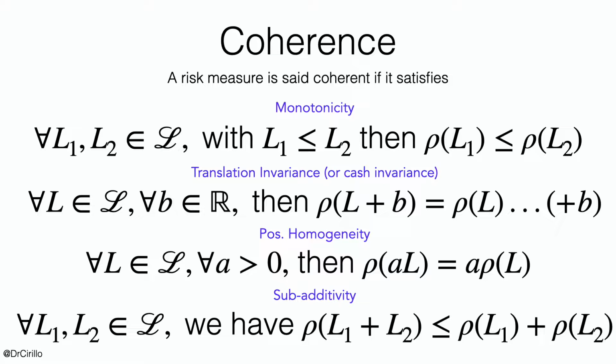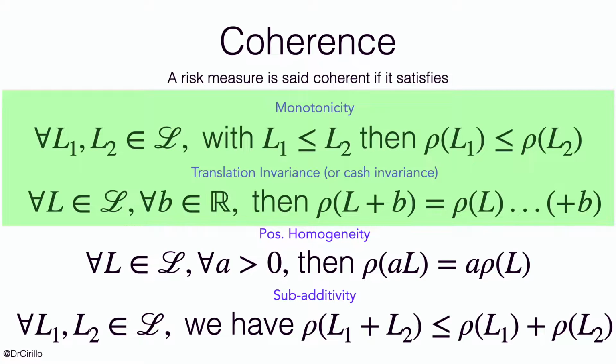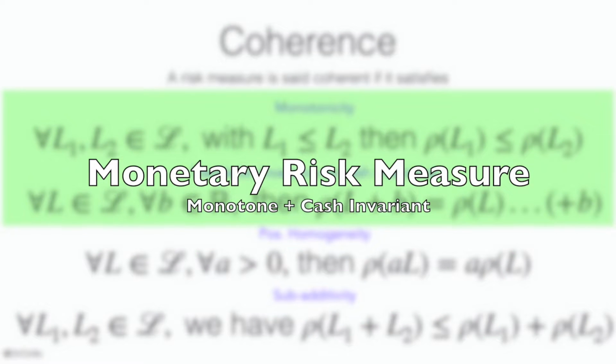Depending on the risk measure that we will consider, we will require cash invariance to be just the equality without the plus b term or the equality with the extra plus b term. A risk measure that is monotone and cash or translation invariant is also known as a monetary risk measure.